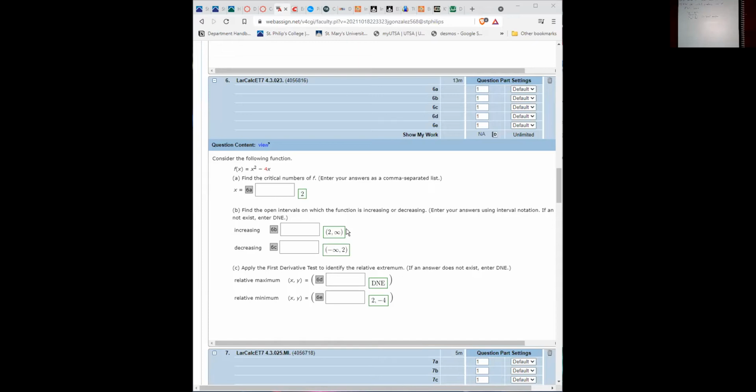So now the new thing. Well, first, look at the question. Find the open intervals on which the function is increasing and decreasing. So this can be found by simply testing after the 2 and before the 2. So B and C can be done together at the same time.